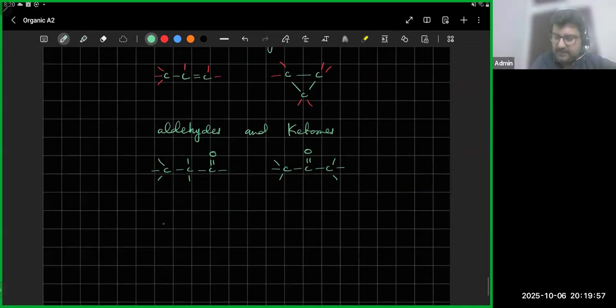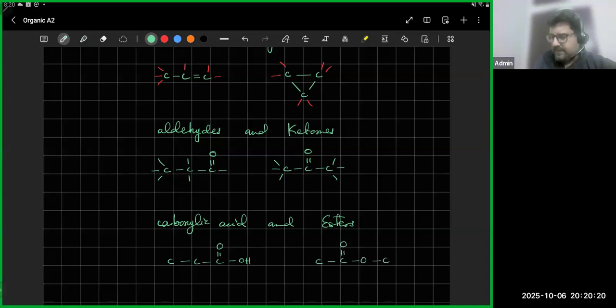Then you have carboxylic acids and esters. Let's just finish on this, don't waste time. You've got a carboxylic acid, and then you've got an ester, where the same thing is in the middle. They will have exactly the same number of atoms. I said that's structural isomers.